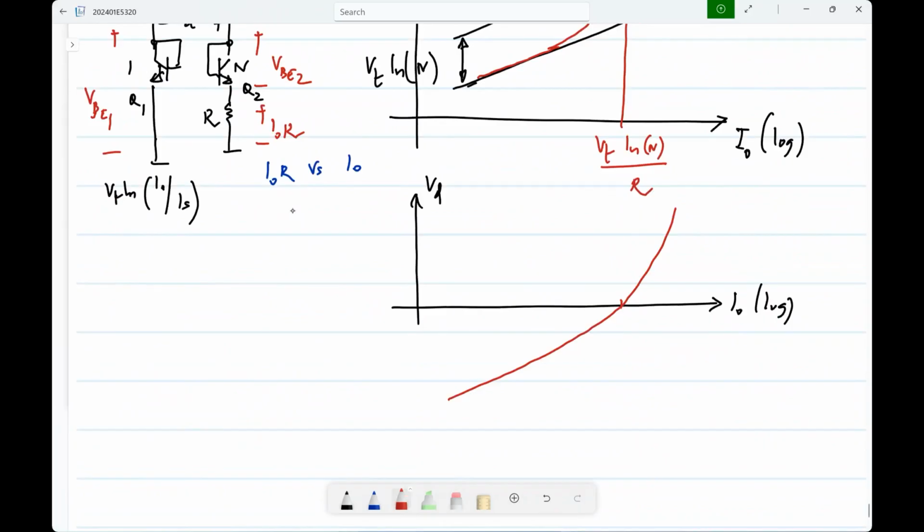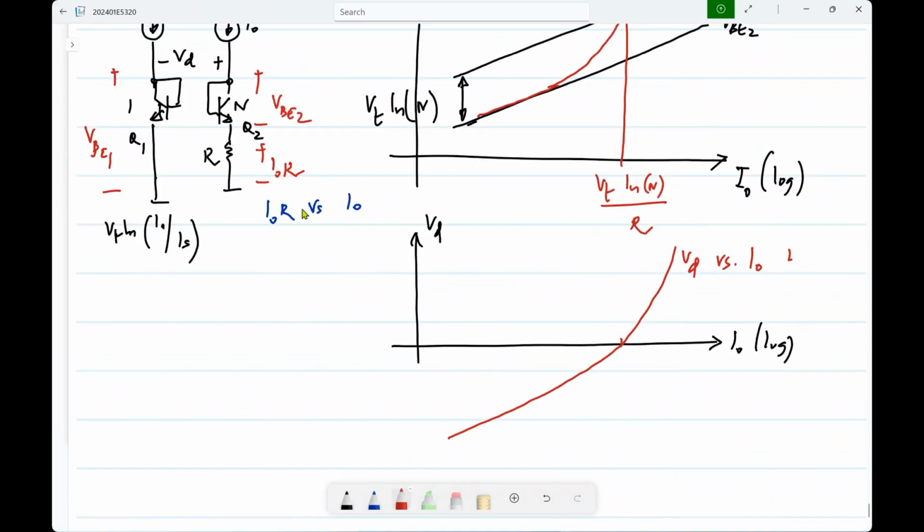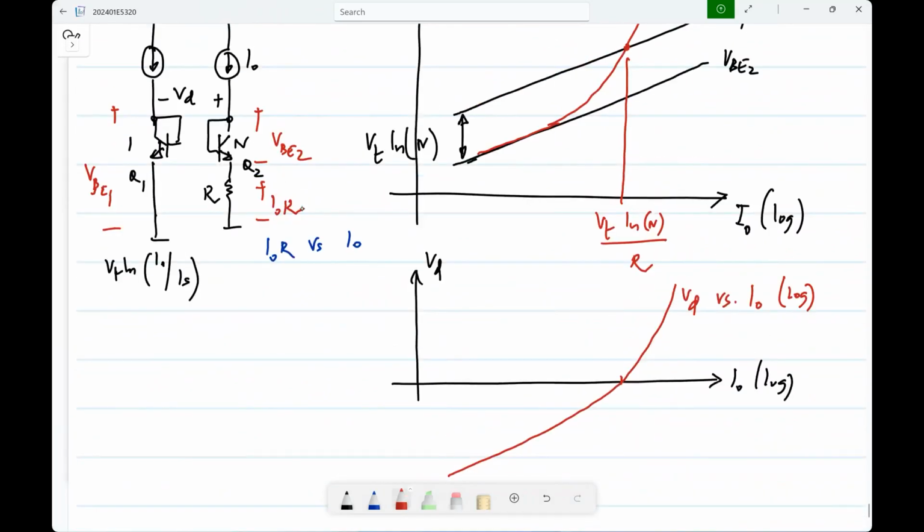It will do something of that sort. So this is Vd versus I naught on a log scale. But basically, what I'm looking for is just to see how it behaves. It is varying monotonically, right?